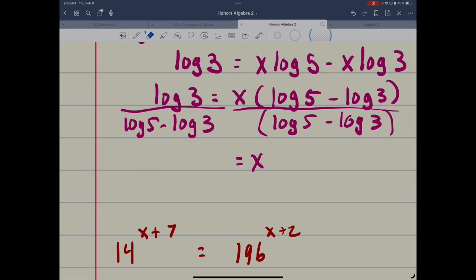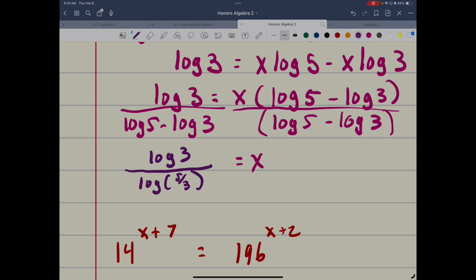So we've got our numerator, log of 3. The denominator now becomes log of 5 thirds, because when you subtract, you divide. So now on your calculator, log of 3, close the parentheses, divided by log of 5 divided by 3, close parentheses.